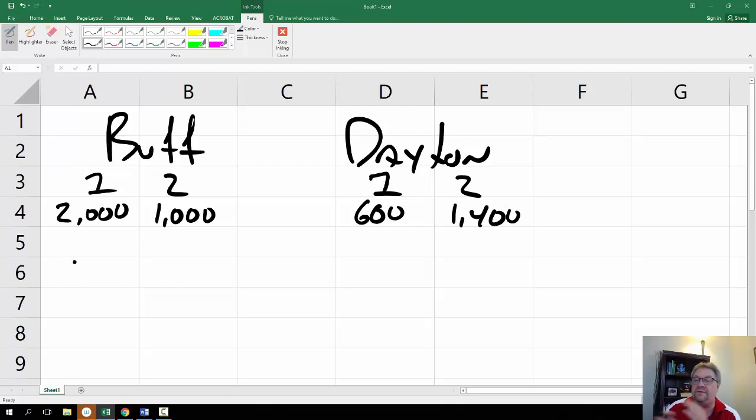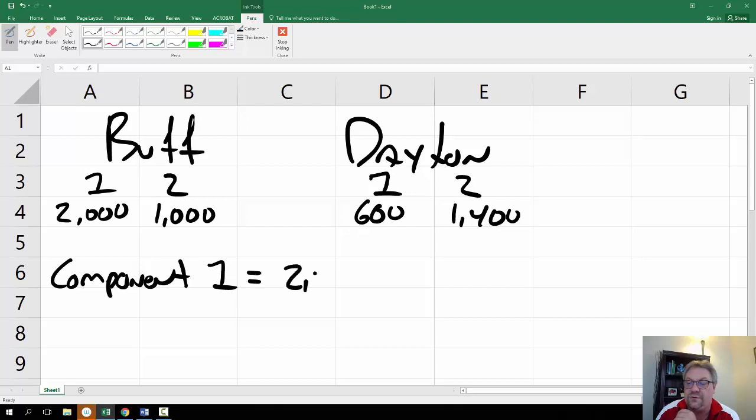So if you think about the production of component 1, well, that is equal to 2,000 times the proportion of time the Buffalo plant is producing component 1.